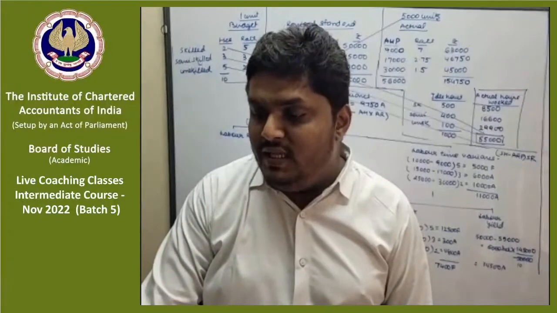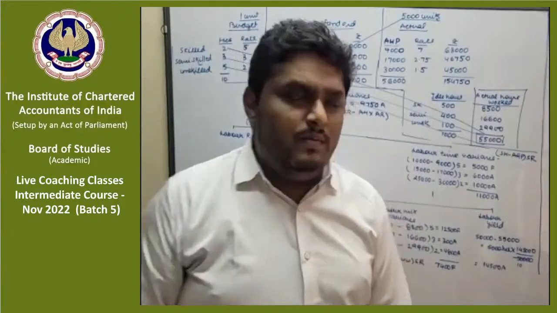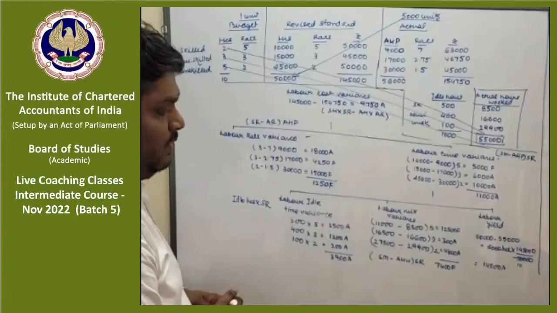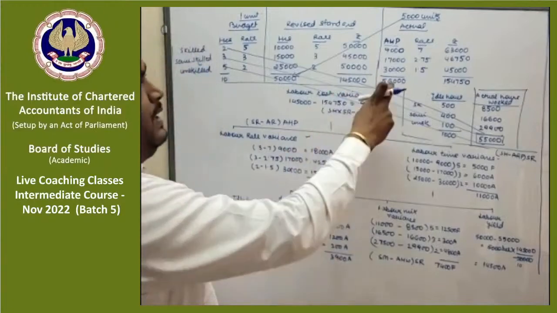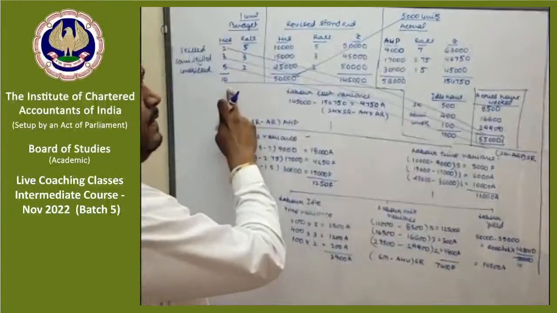Sir, labor mix variance, revise again how to calculate 11,000 hours. Mohammad Farad, when talking about the calculation of 11,000 hours, it is 55,000 into 2 by 10.